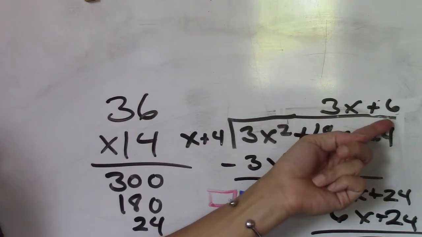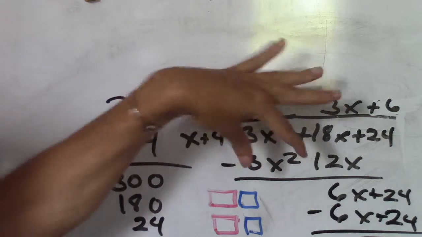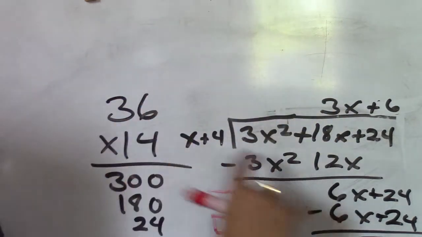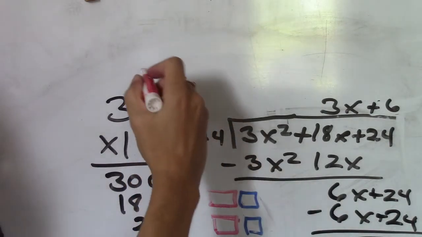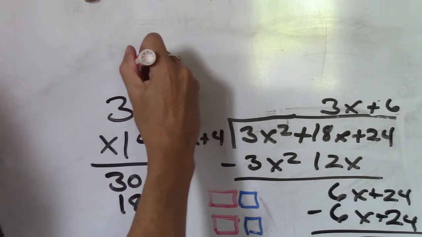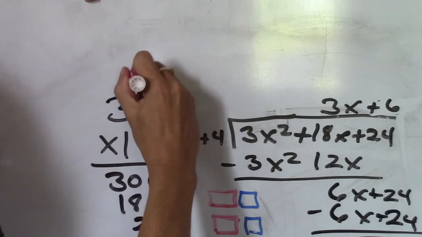But there's 6 of them. And there's the drawing of it. And can you see that all we got to do is rotate it like this, and then we'll have 3x plus 6 and x plus 4. Shall I draw that over here? Do I have room? Yes, I have plenty of room. Oh, I need a better red pen.